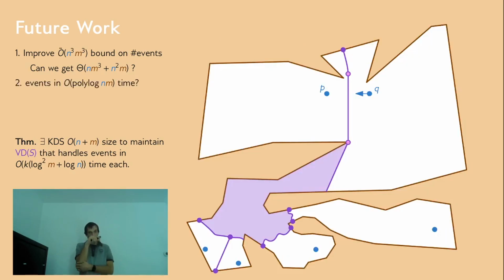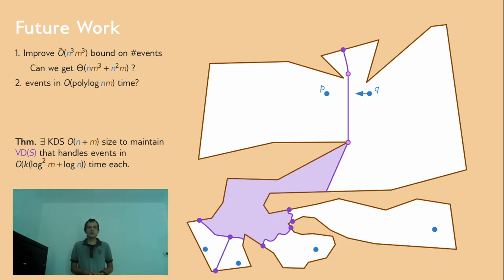The other thing is, can we get rid of this k factor in the update time, which deals with the scenario where many sites simultaneously change whom they have an event with? We partially solved this by storing things with respect to polygon vertices, but life is more complicated than that.